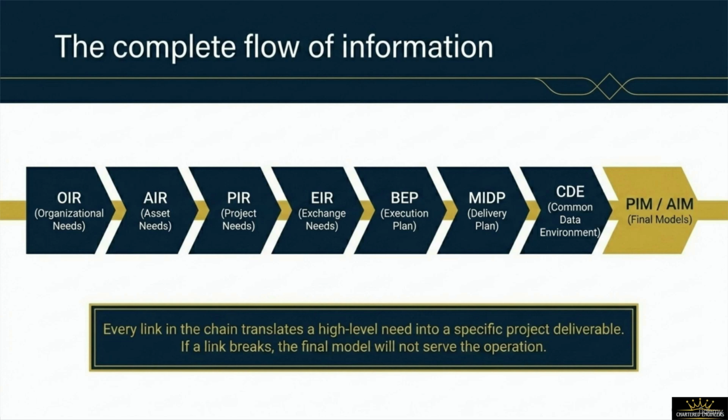Finally, this rigorous pipeline outputs the final PIM and AIM. You must remember this critical warning. Every single link in this chain must remain intact. If a single link breaks, the final model will completely fail to serve the operational facility. Let's look closer at the unique characteristics of the delivery phase.